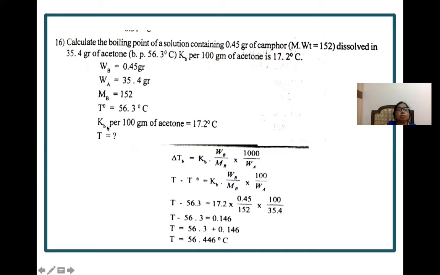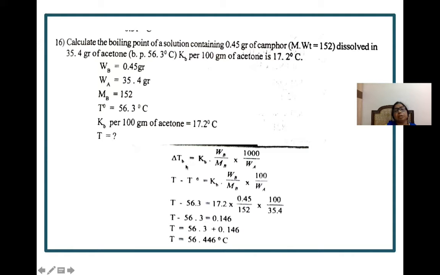Kb per 100 grams of acetone is equal to 17.2 degrees centigrade. Then T is to be calculated, that is, the boiling point of the solution.